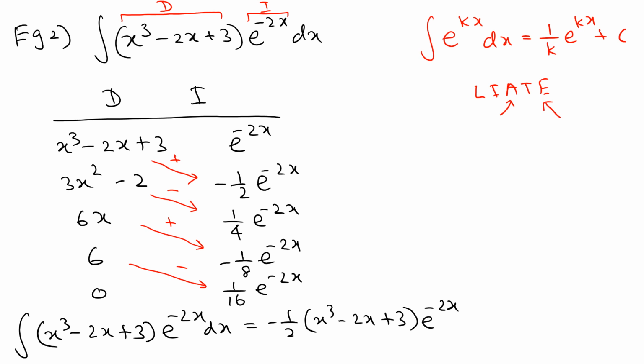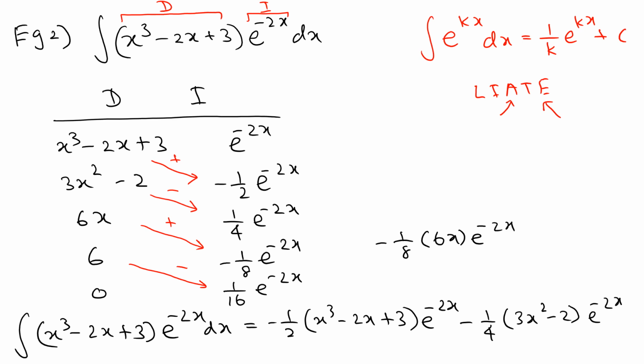Second one, you get a minus, again minus 1/4, so you get 3x squared minus 2 times e to the negative 2x. And the next one is again minus. If you multiply the numbers, you get negative 1 over 8. I just write what we get, so the 6x e to the negative 2x.